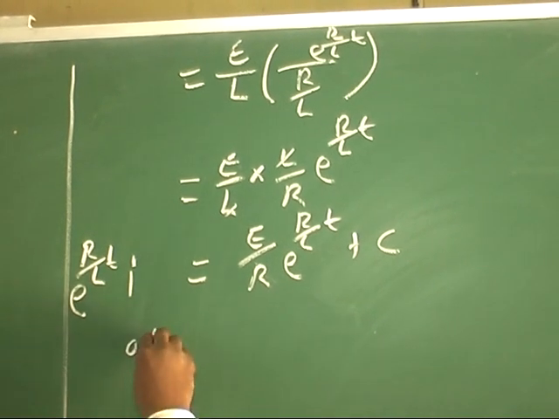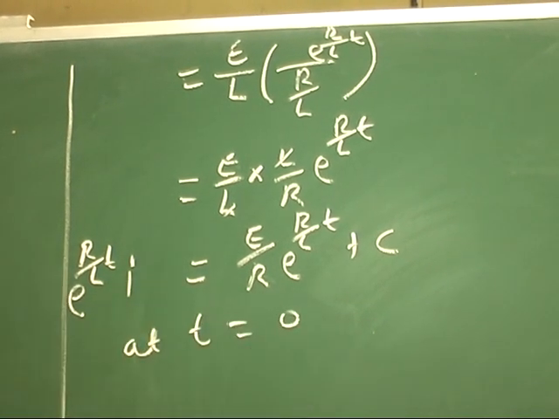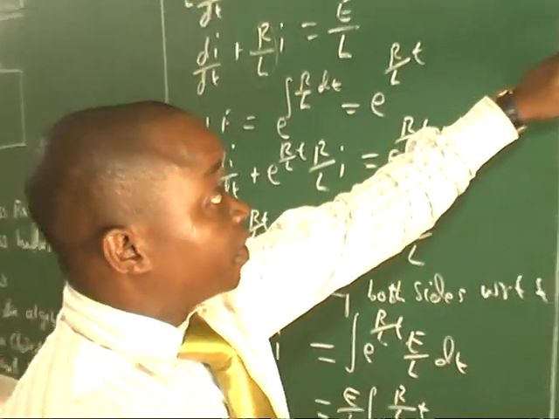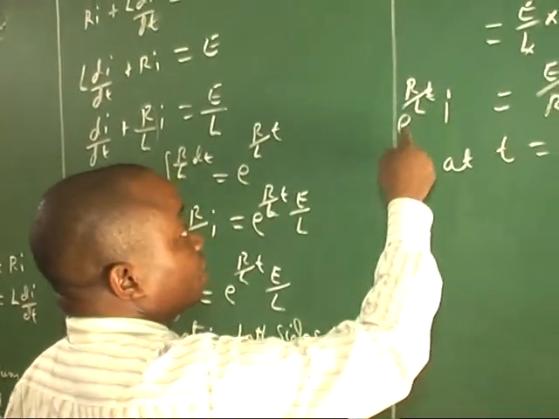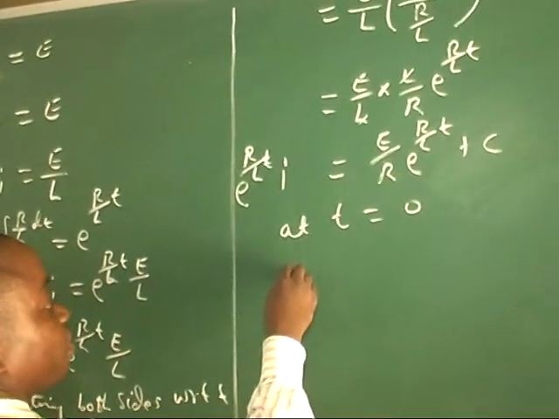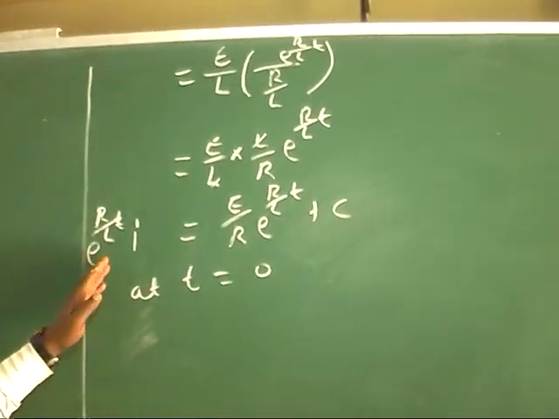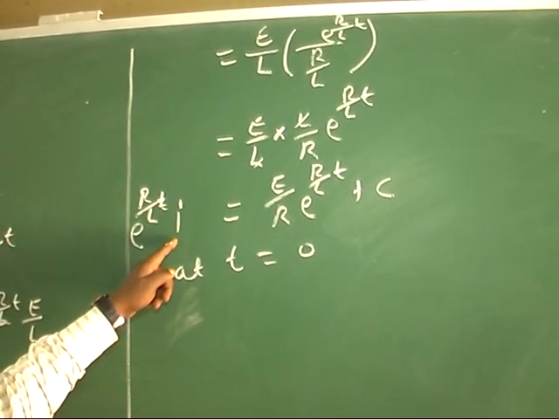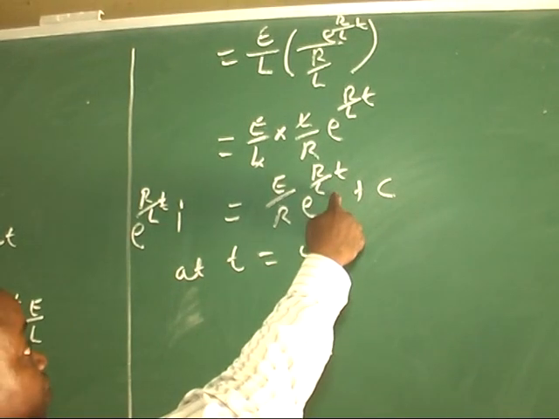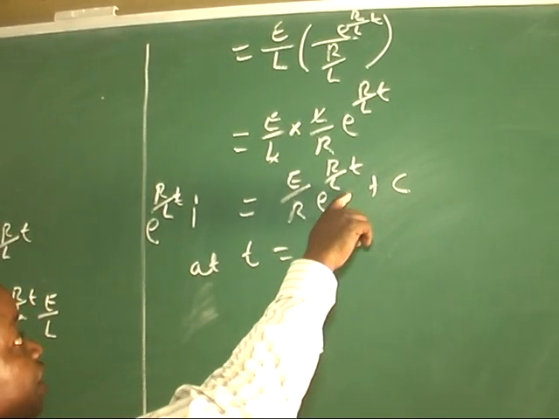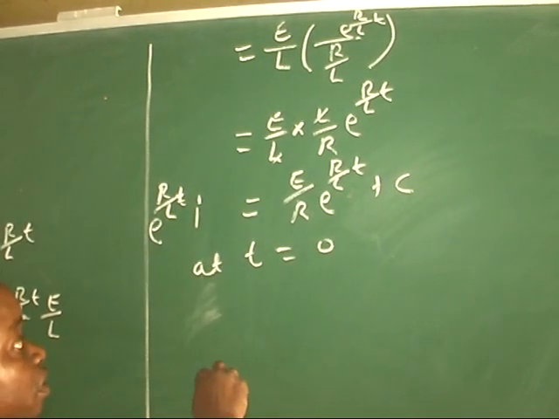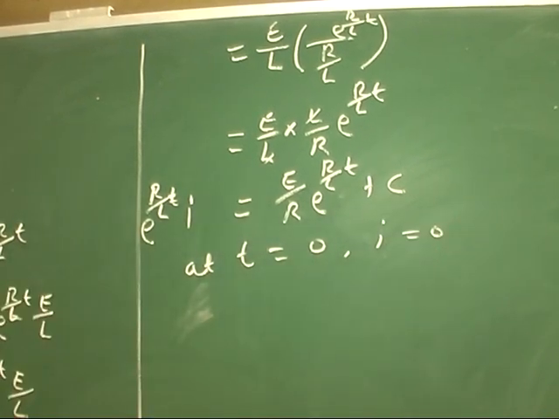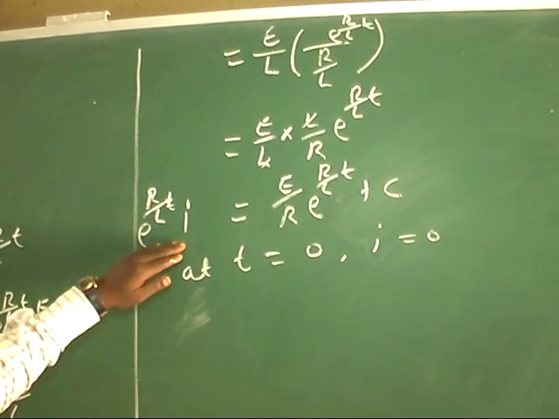Then at t is equal to 0, that is the initial time. If you put 0 here, you have exponential raised to 0, which is 1. So when you times this, you have I. Also, at t equal to 0, I is 0, no current at that place, so everything here becomes 0.